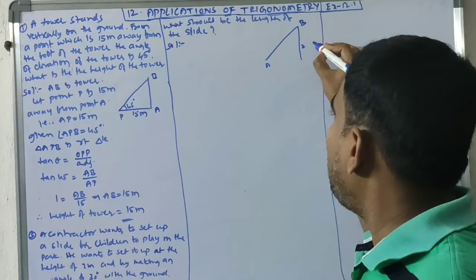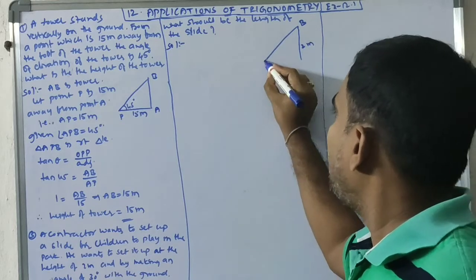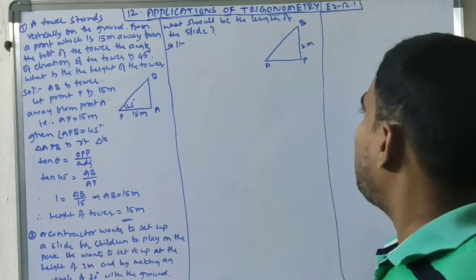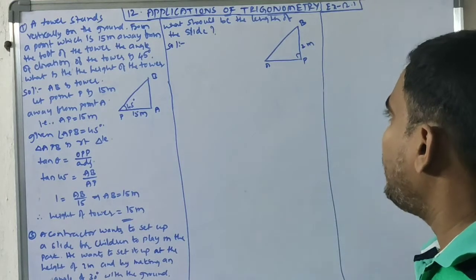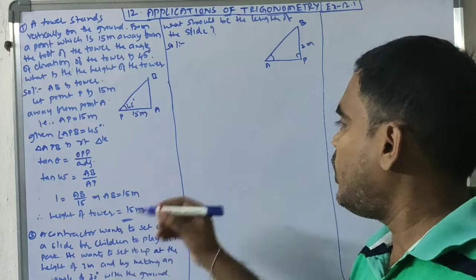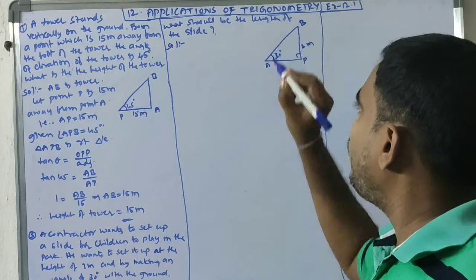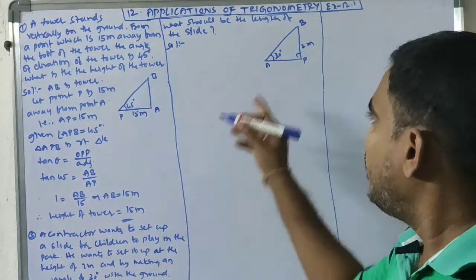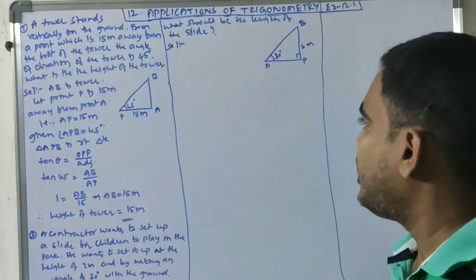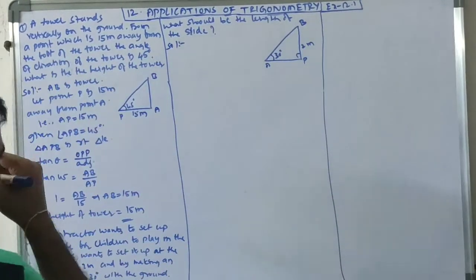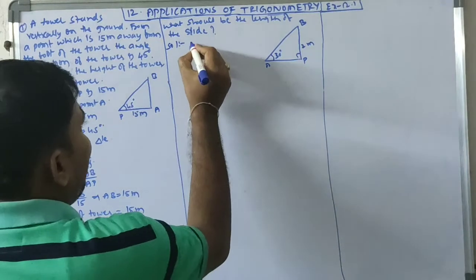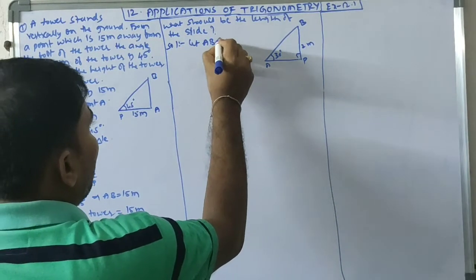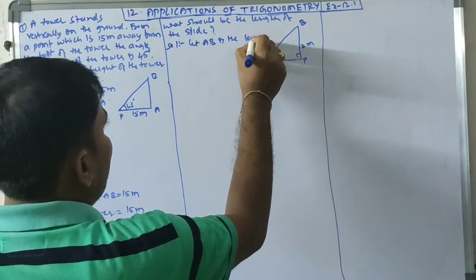Let this point be P, so this is a right angle automatically. This angle is 30 degrees. We need to find the length of the slide. So first, let AB be the length of the slide.